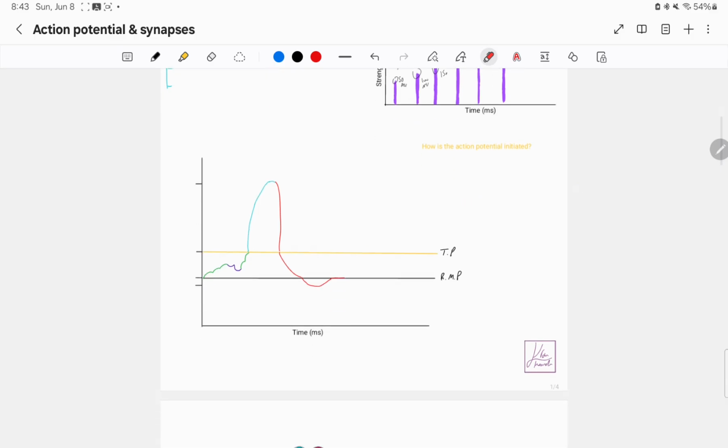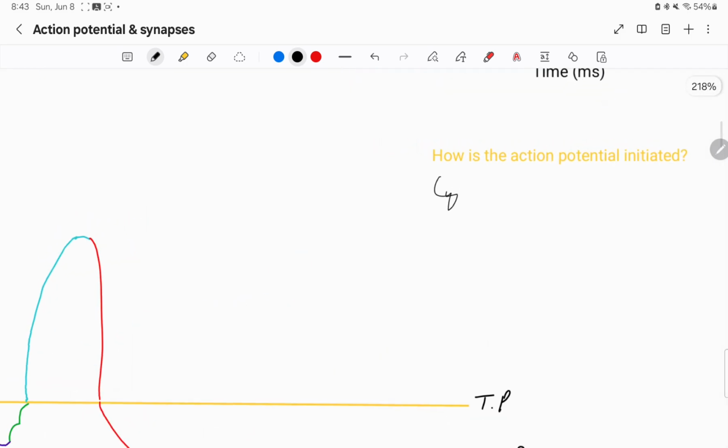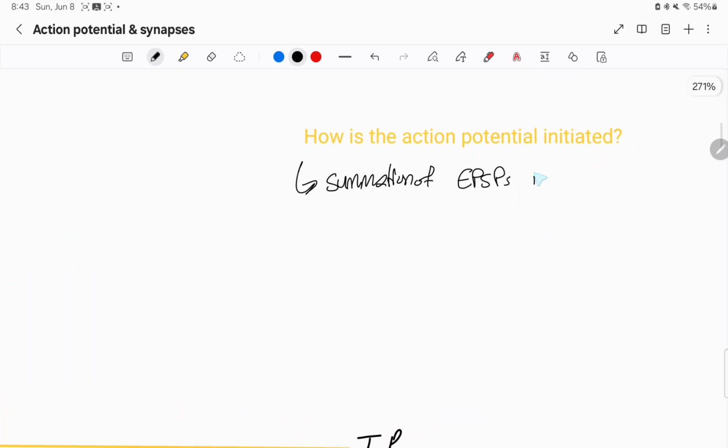All righty. Next thing. Let's talk about this graph here. But before we do that, let's briefly say something. How is an action potential initiated? If you remember from our previous video, it starts with the summation of EPSPs, which are just a kind of graded potentials, in the cell body or dendrite of our post-synaptic neuron.